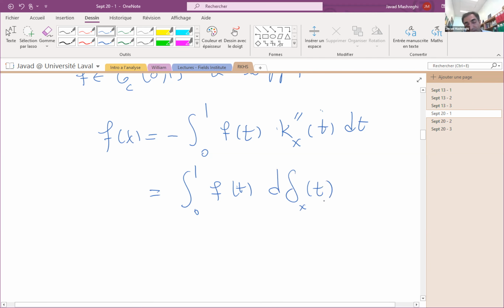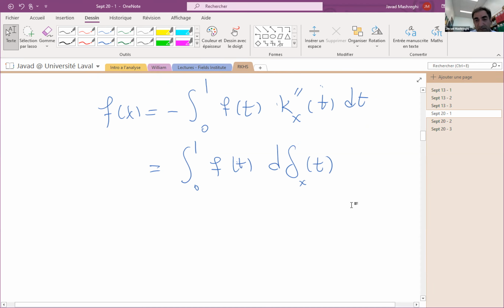Delta x is the measure. Attention, the way I write here is the way mathematicians write: I write d of the measure. In some engineering books, instead of this, they write δ_x(t) dt.